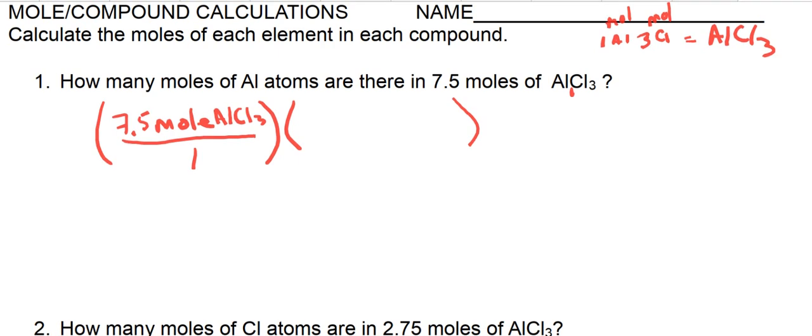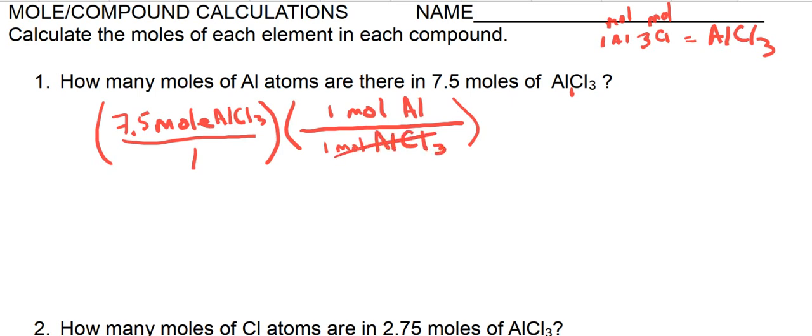We want to get rid of the moles of AlCl3, so we take our conversion factor, and we know that there is 1 mole of Al for every 1 mole of AlCl3.